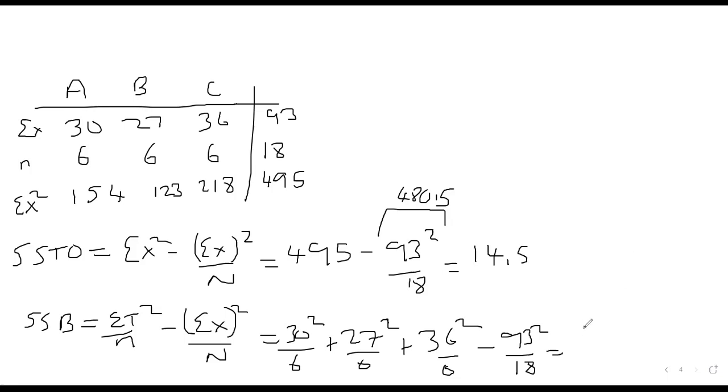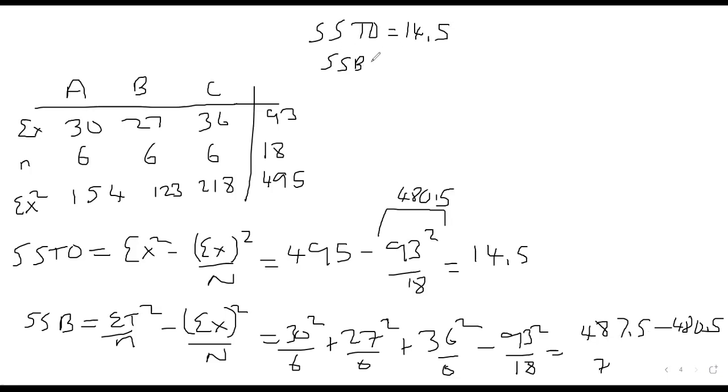So this is 487.5 minus 480.5. We get a 7. So what do we have here? Sum of square total is 14.5. Sum of square between, we get a 7.